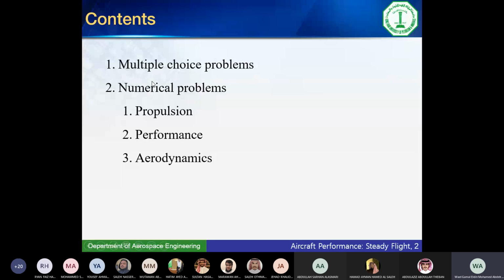We have 4 chapters: 2 aerodynamics, 3 for the propulsion, 4 for the equations of motion, and 5 for the performance. But you probably have realized that chapter 4 has no numeric problems because it's the derivation of equations of motion. So numerical problems will basically be chapters 2, 3, and 5. We will try some of these today as we go.